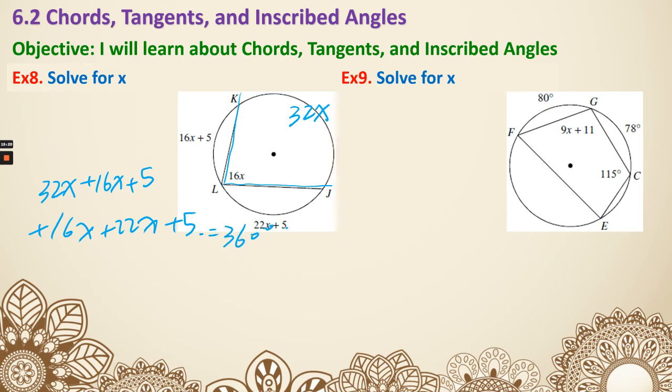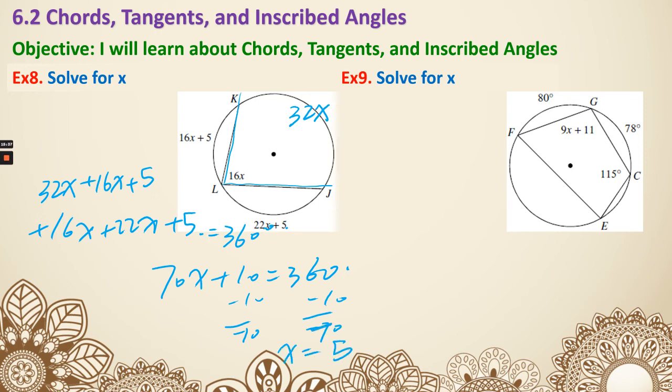So I have 70x plus 10 equals 360. Subtract 10 and divide by 70. That is going to leave x to be 5. That is example 8.